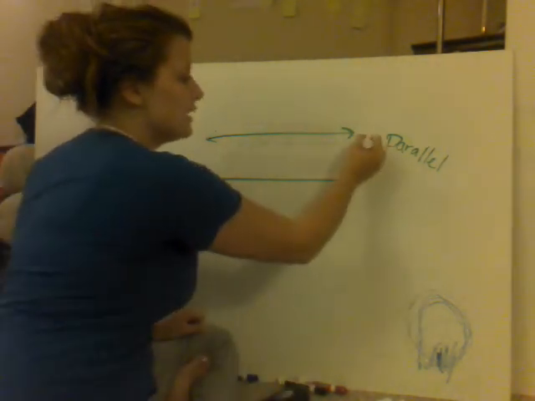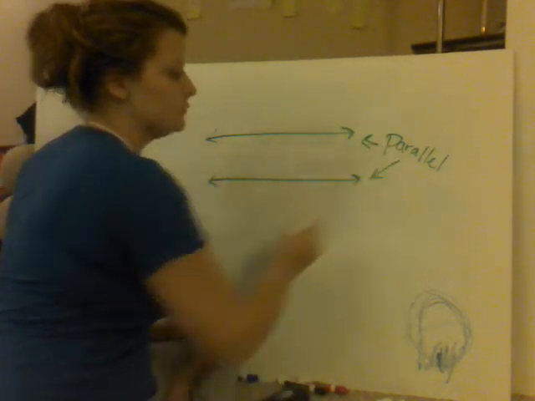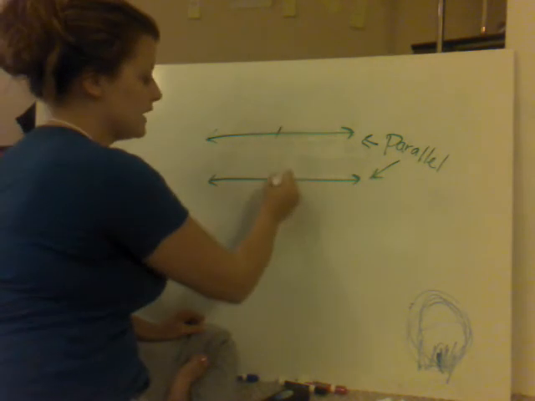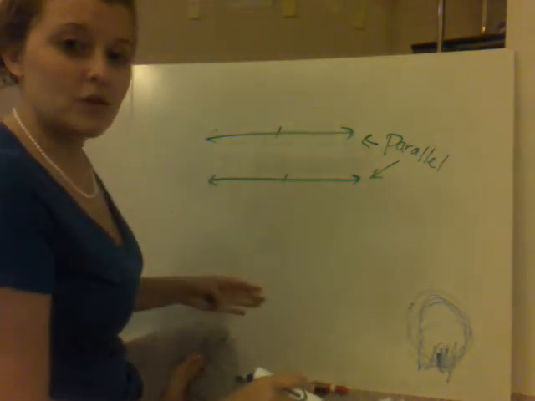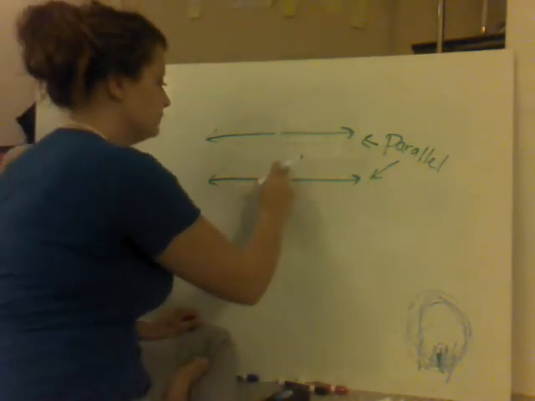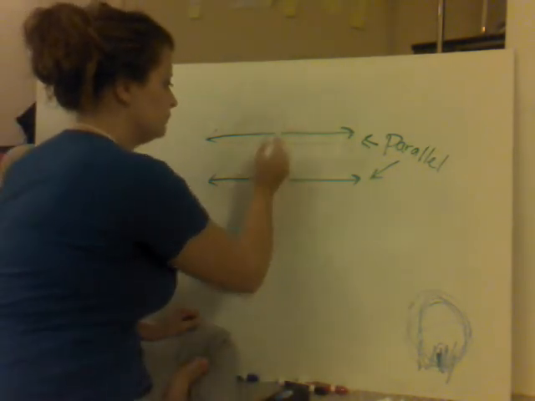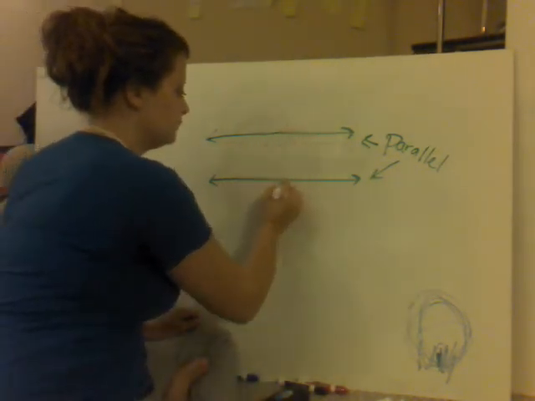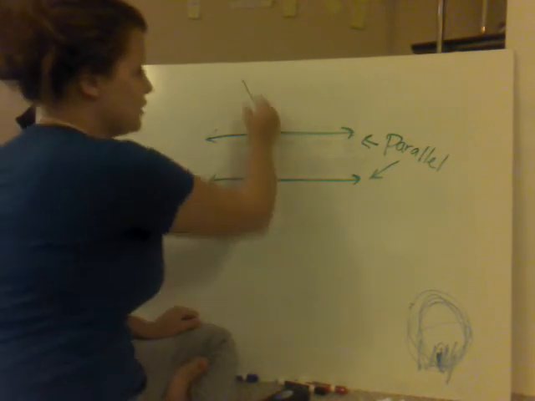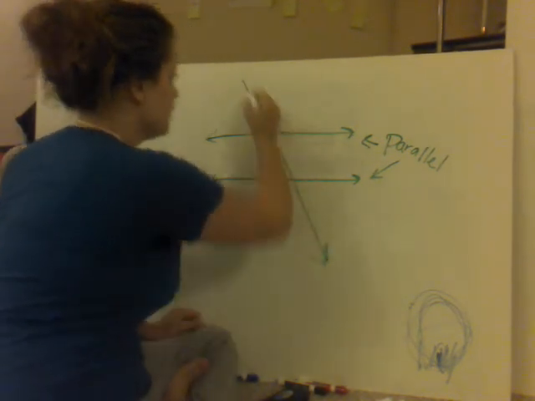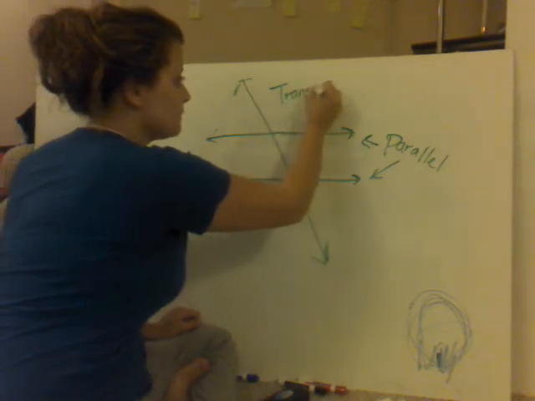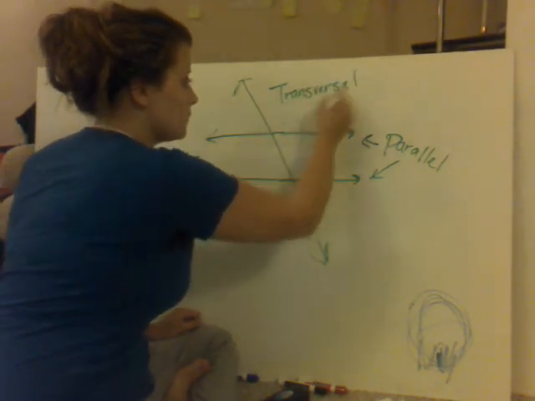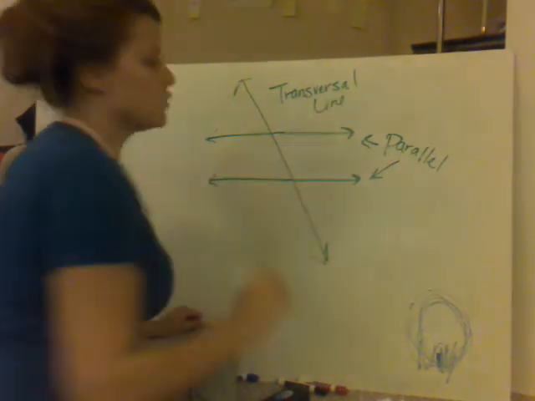So these two lines are parallel. Now I could also have that little dash there, letting us know they were the same. But since I want to make this a transversal, I'm going to take that out. Alright, so we've got our transversal line.